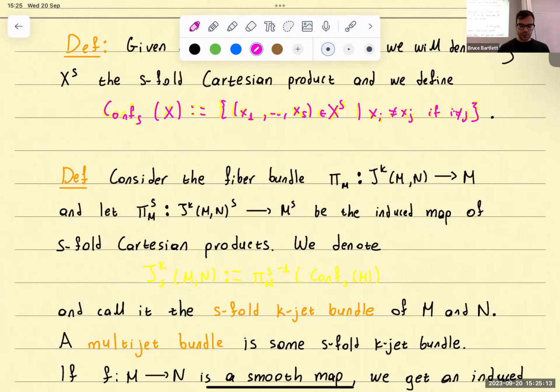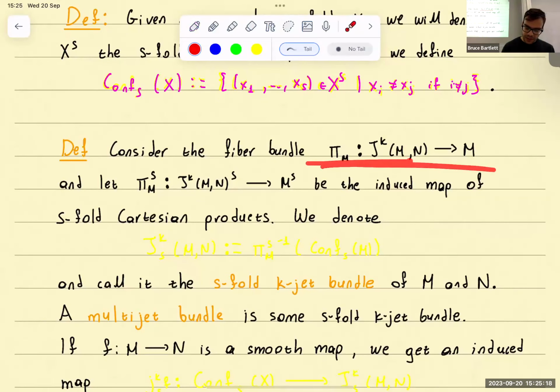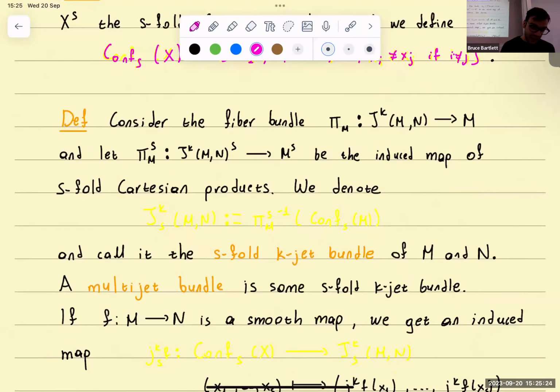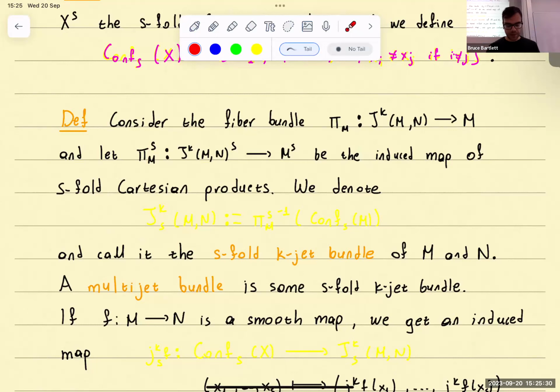Now if I consider this fiber bundle that we all love by this point, or hate, I don't know, I can always get an induced map on s-fold Cartesian products. Nothing fancy.